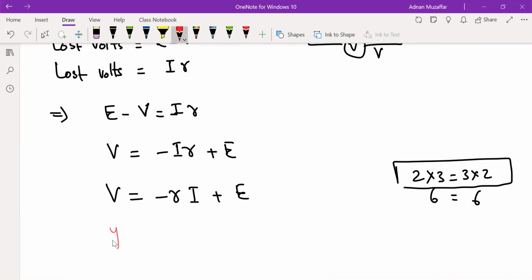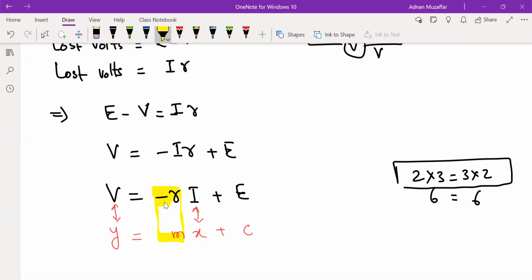So I just want to compare it with this equation, y equals mx plus c. Many of you are taking maths. You know that this is a straight line equation because I want to plot a graph. So according to this comparison, this V should be taken along the y-axis. I should be taken along the x-axis. So this will give you the gradient.